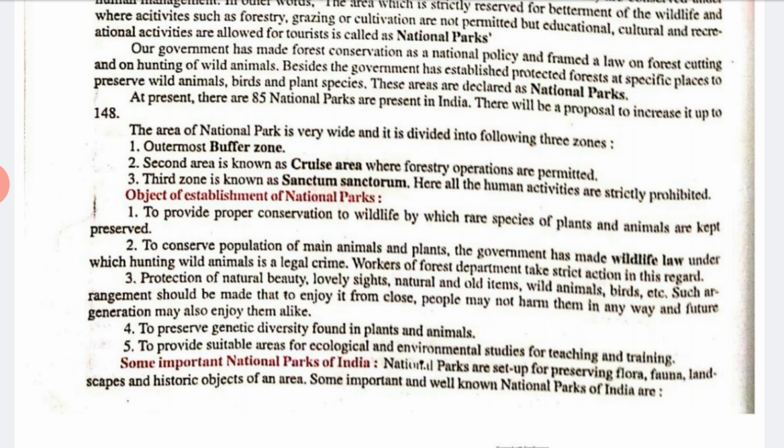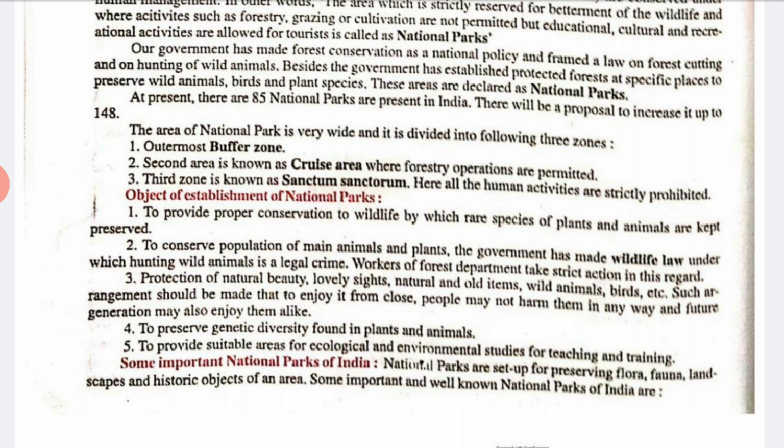And also the protection of naturally beautiful sights and natural items, so that arrangements can be made for wild animals, birds, etc., so that we can enjoy them closely, right? And to preserve the genetic diversity found in animals and plants. Clear?